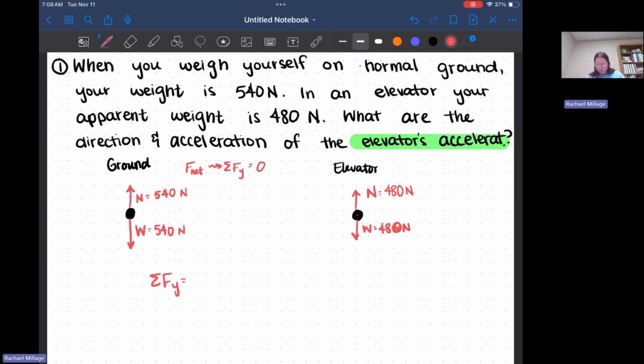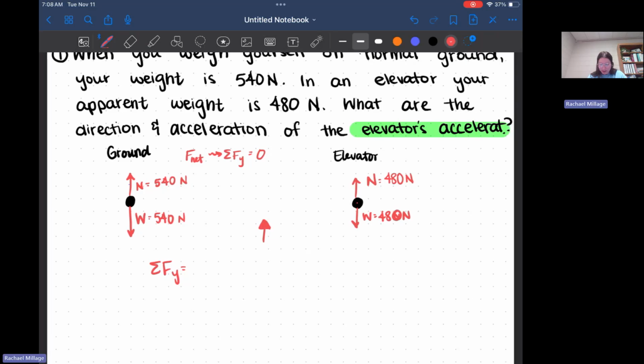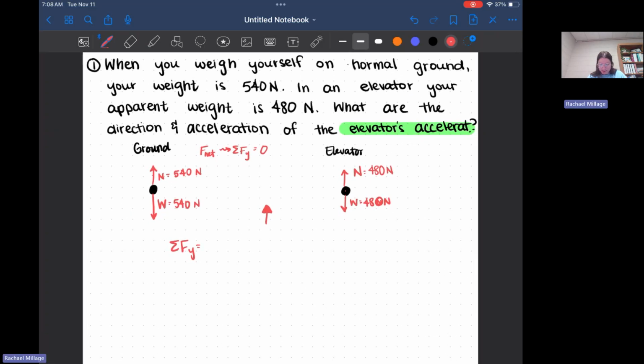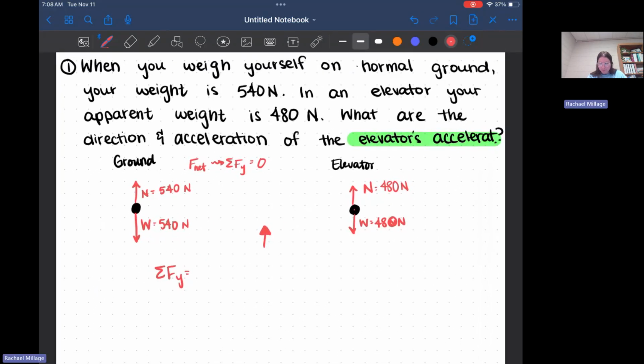Because we know that the elevator is going to be pushing us presumably up, right? If we get a negative number, that would mean that it's pushing us down. But the elevator is pushing us with some sort of force. And so we must be doing some sort of acceleration. And we have some sort of mass attached to that as well.